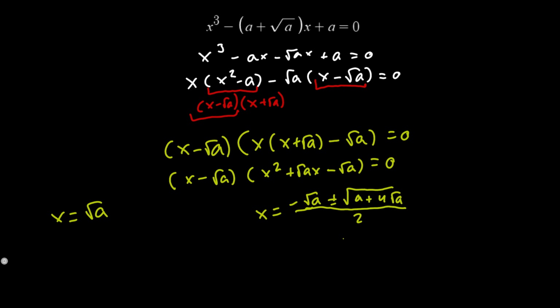Here we just use the quadratic formula, and we have all three solutions now. So that's pretty much it: x is equal to the square root of a, and x is equal to negative root a plus or minus the square root of a plus 4 root a, all over 2.